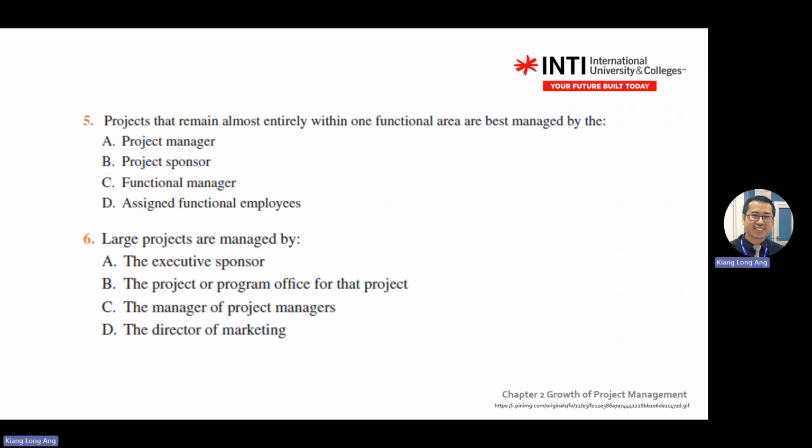Okay. Projects that remain mostly if not entirely within one functional area are best managed by who? Project manager, project sponsor, functional manager, assigned functional employees.